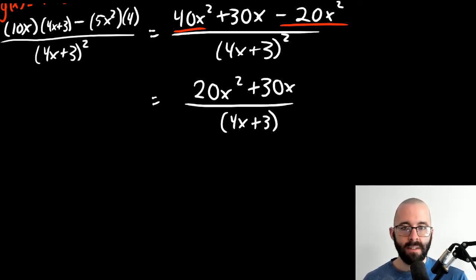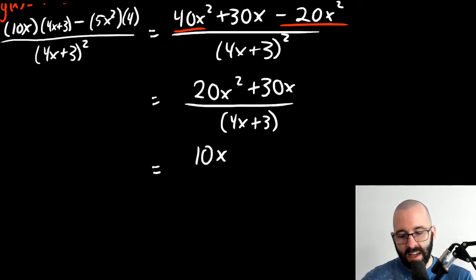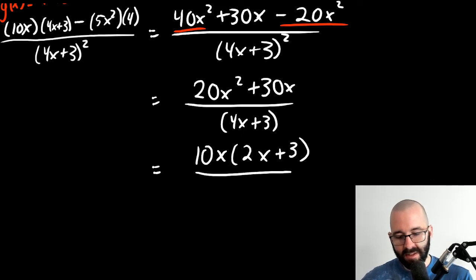And the last thing to do when simplifying a rational expression is to factor everything and cancel if you can. So the biggest thing that we can factor out is a 10x. And what we're left with is just a 2x plus 3. Oh, it almost cancels. And we have a 4x plus 3 in the bottom.